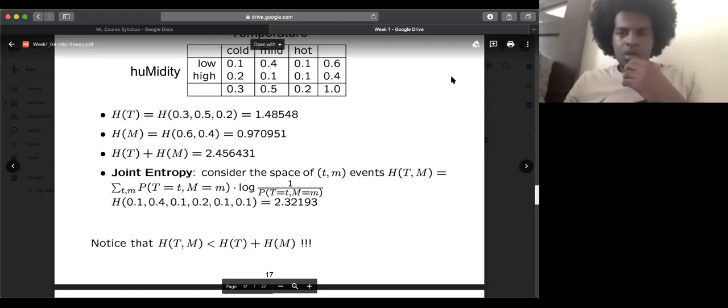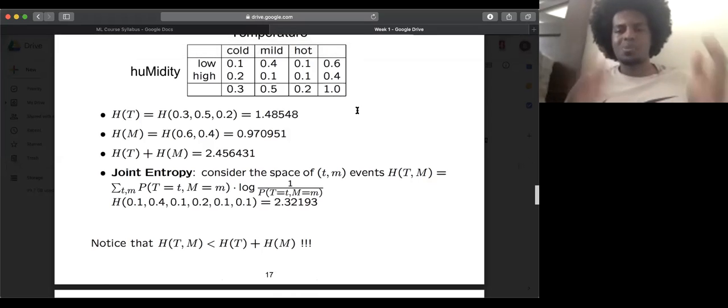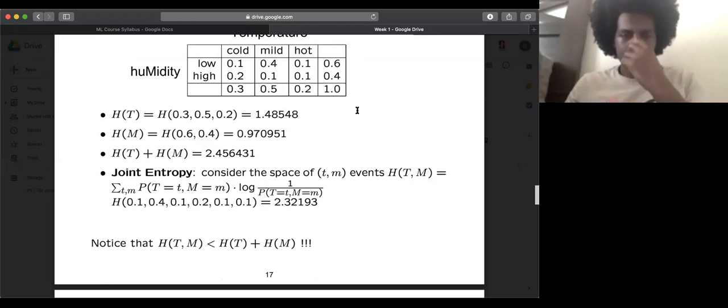Okay, so it all goes back to the fact that the more uncommon your event space is, the more information you get out of it, right? And if you have more information, you have less entropy. So what it's saying is that you observing this specific set of numbers, 0.1, 0.4, 0.1, 0.2, 0.1, 0.1, in that total event space, it's not that there are more data points, but it's very specific.